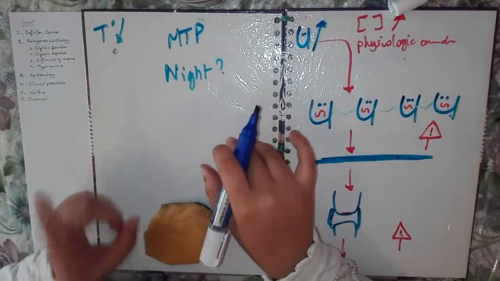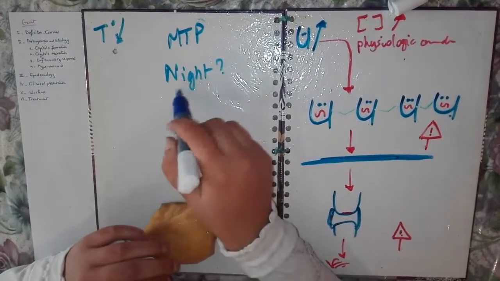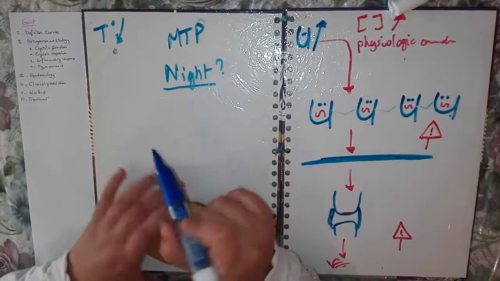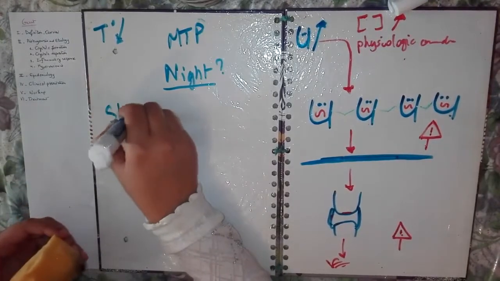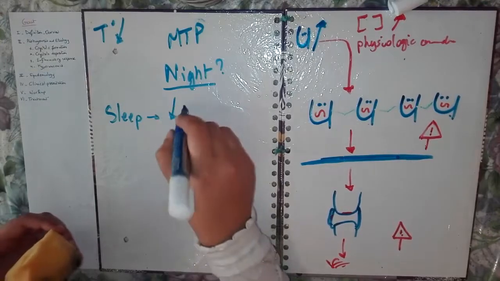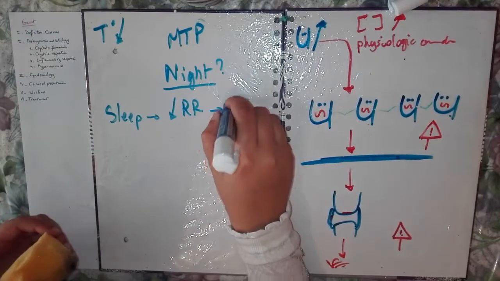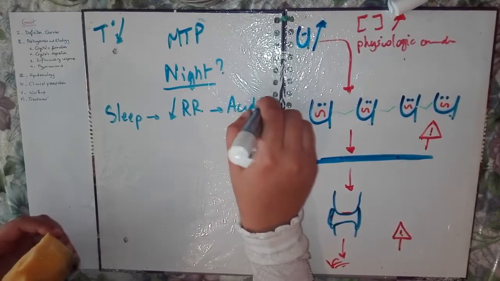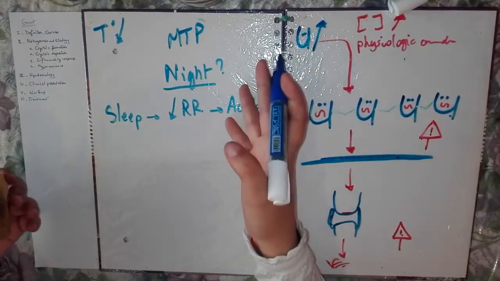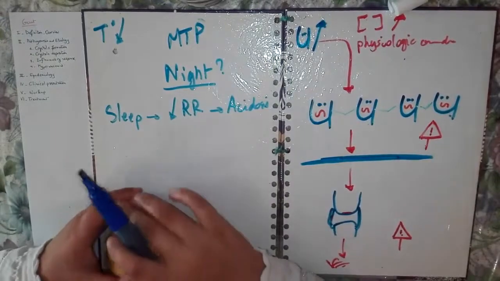But there is another point incriminated here in nighttime. At night, when someone is sleeping, we have a slightly decreased respiratory rate, which means a mild acidosis, which can be incriminated in this nighttime occurrence.